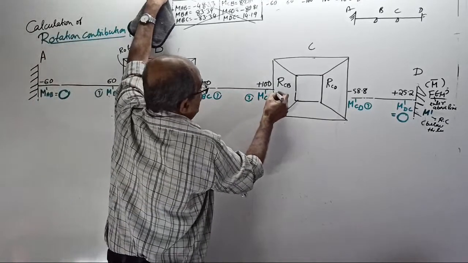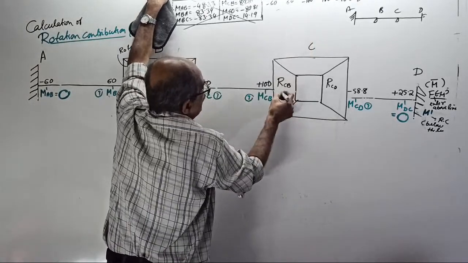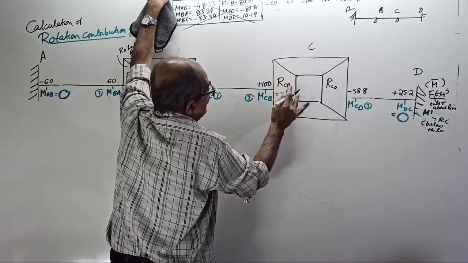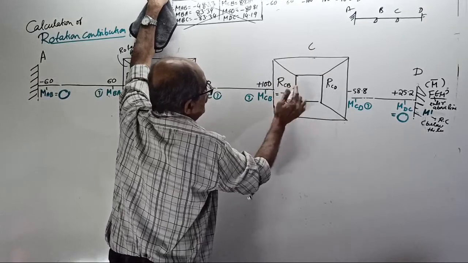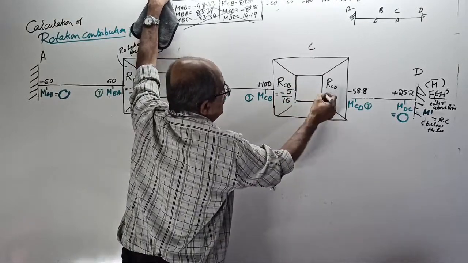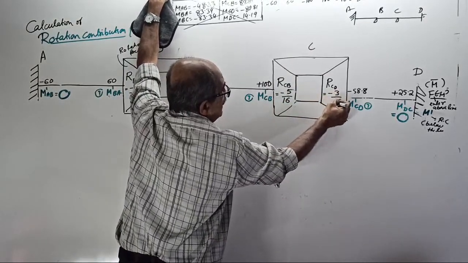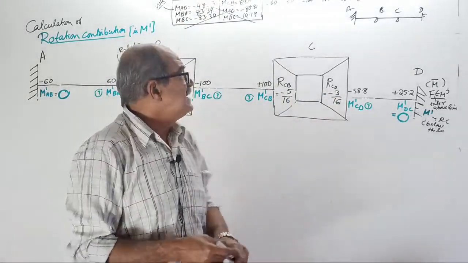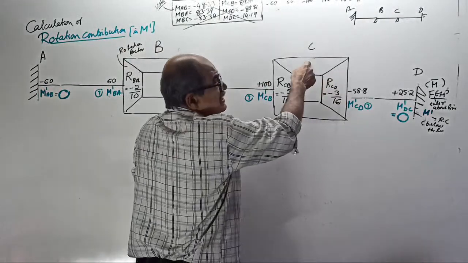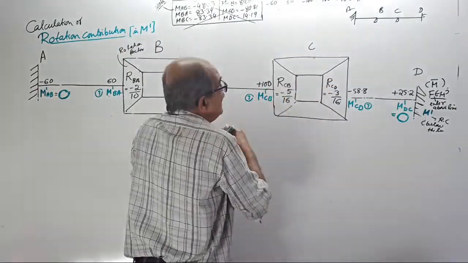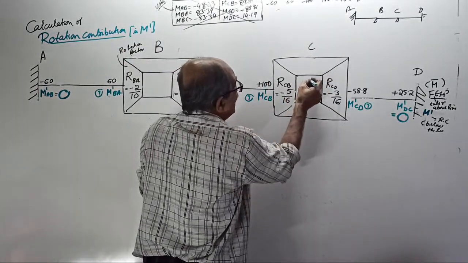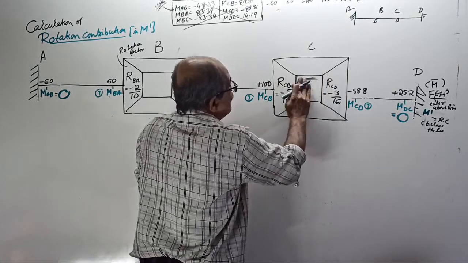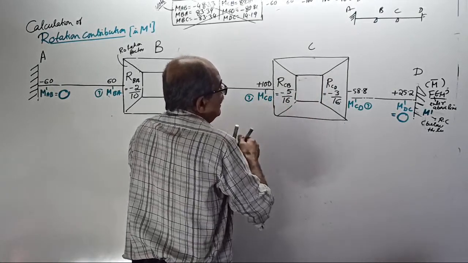R for CB equal to minus 5 by 16, and minus 3 by 16. This is also clear. Inside the box, the sides are done, the central value is pending. This is the last one. Wait for some time, some entry is coming here. I will tell you later.